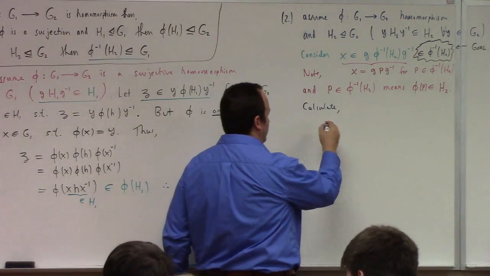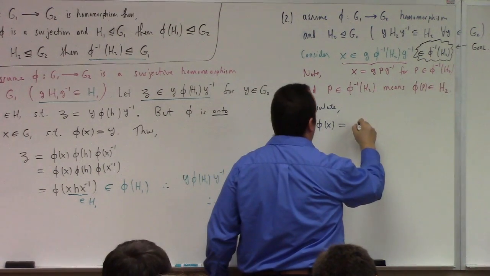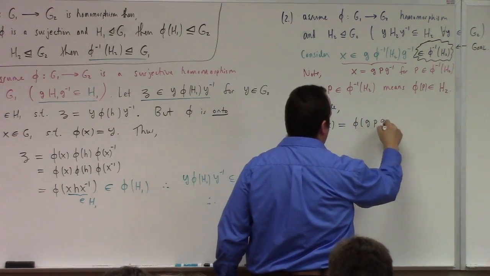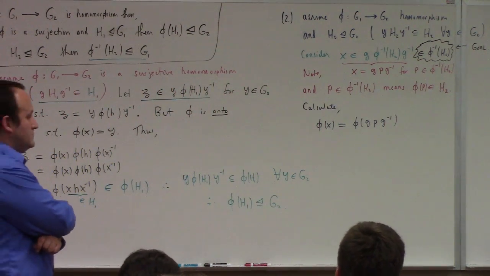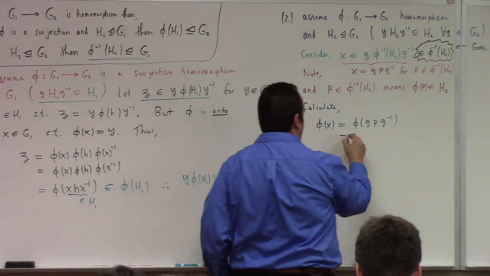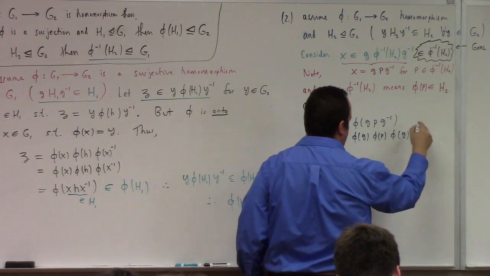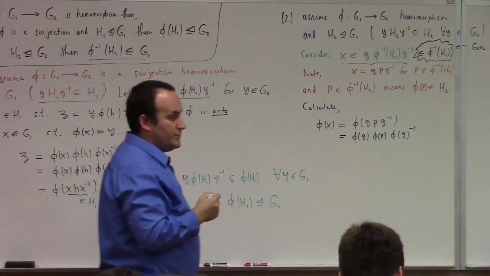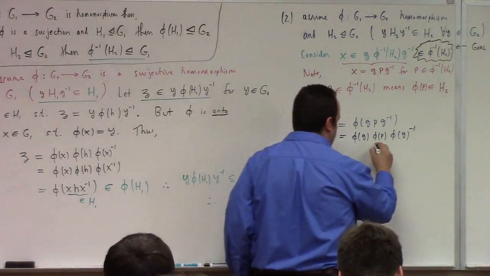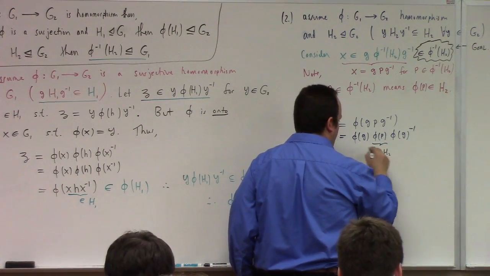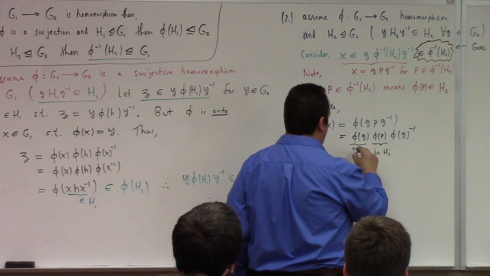Let's see here. So phi of x is what? Phi of x is equal to phi of g p g inverse, right? Which is what? Phi of g, phi of p, phi of g, and I'll pull the inverse out this time, right? But what is this? So let's look at this. This is an H2, right? Think of this as being the quote-unquote y.